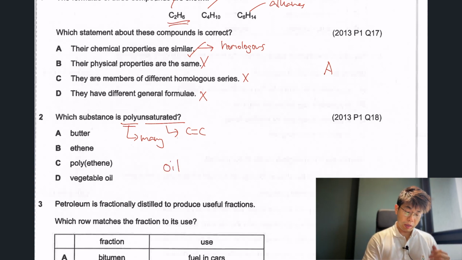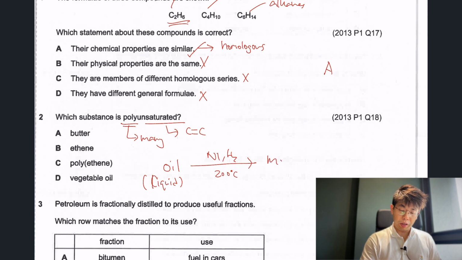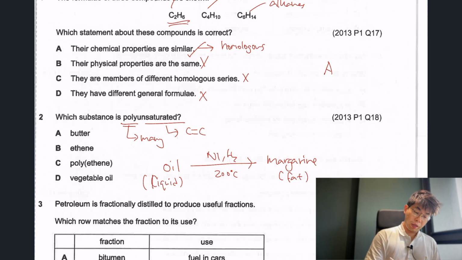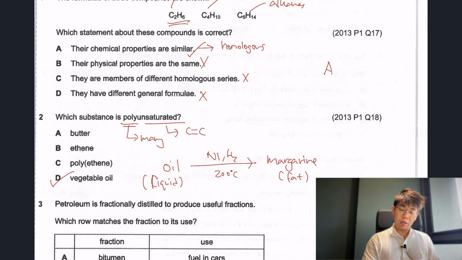Oil is liquid and it's polyunsaturated, and it will go through nickel, hydrogen, 200 degrees Celsius to become margarine. And margarine is a fat like butter. So the answer is D, vegetable oil.